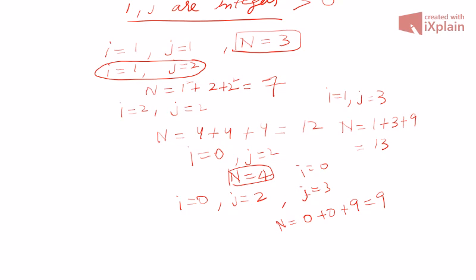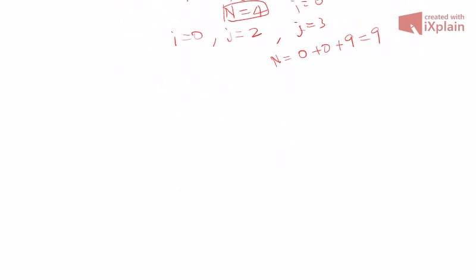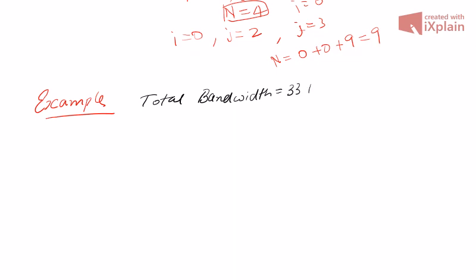Now I will give a practical example with some real values of frequencies to have some hands-on computation for the cells. Suppose the total bandwidth you can use is 33 megahertz.